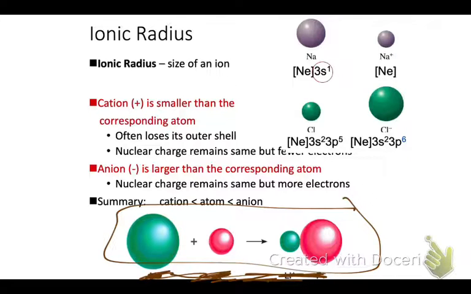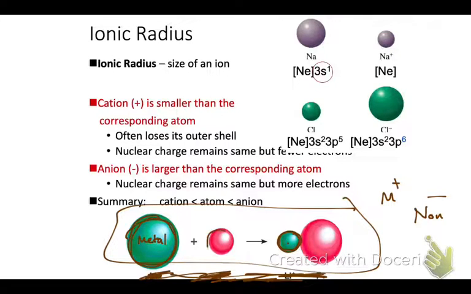How would you know? Well, you should say that the metal will lose electrons and become a cation, and the non-metal will gain electrons and become an anion. The green sphere, what happened to the green sphere? It did shrink, which means it became a cation, which means that must have been the metal.